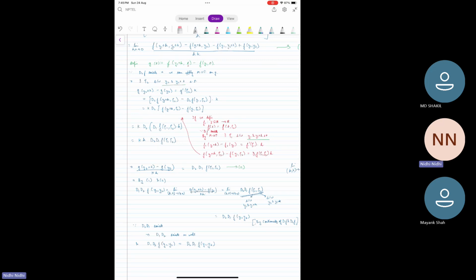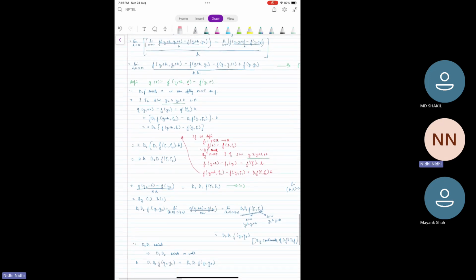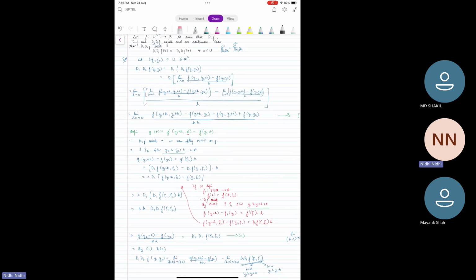So let's see one example where this continuity does not hold and we get some problems. Rest of the things are fine. Everywhere we have used the mean value theorem and the definition of partial derivatives.